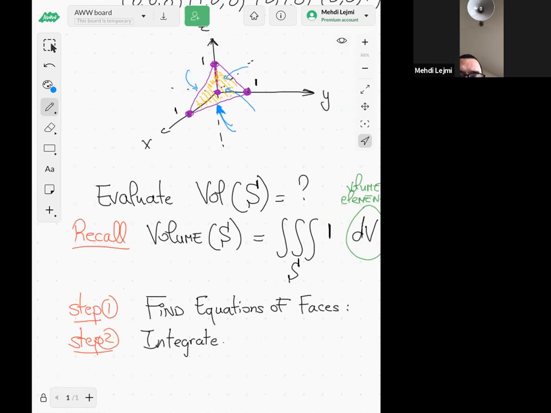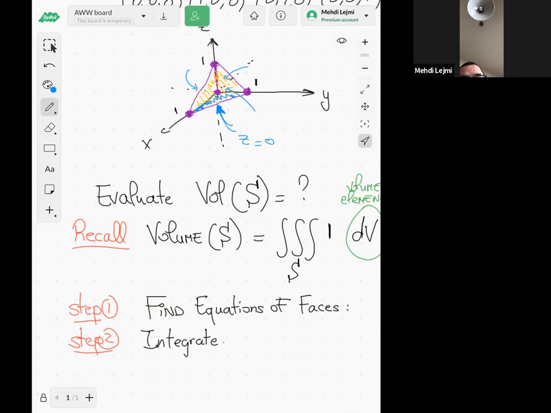The equation of the XY plane, of course, is z equals 0, because any point which lies on the XY plane has a height z of 0. So the equation of the bottom is just z equals 0.